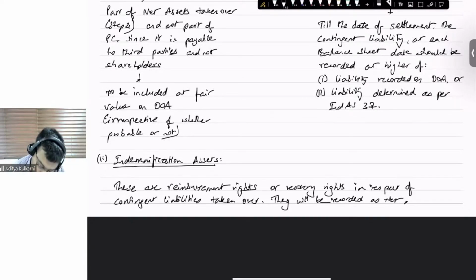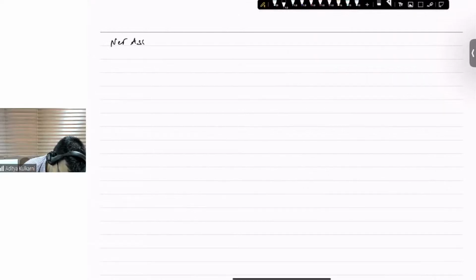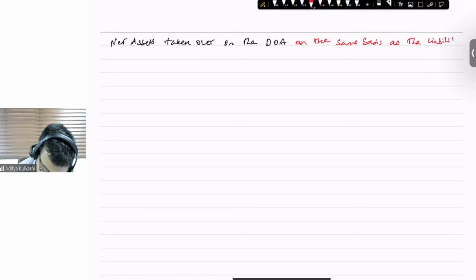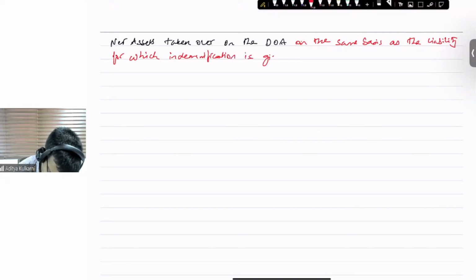They will be recorded as a part of net assets taken over on the date of acquisition, on the same basis as the liability for which indemnification is given is recorded.